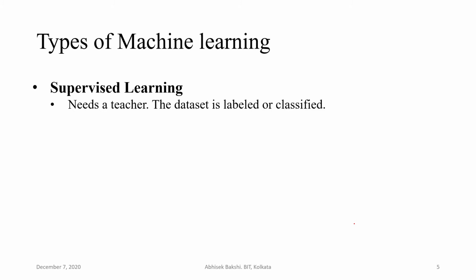So after some time, what happened? The parent doesn't need to show the child the object name. The name of the object is already in the child's brain.